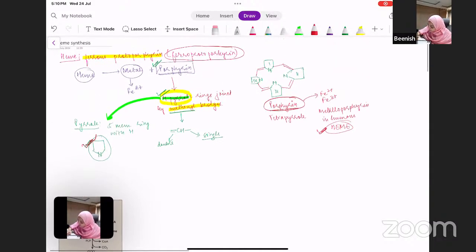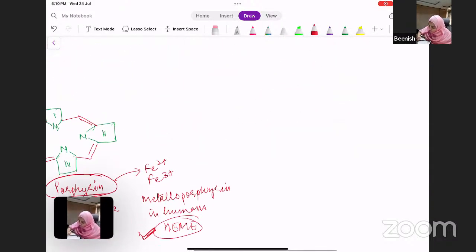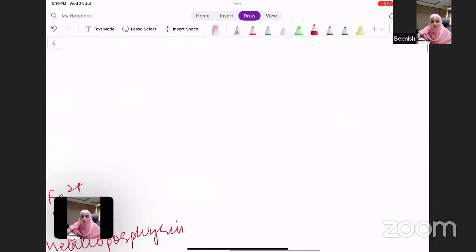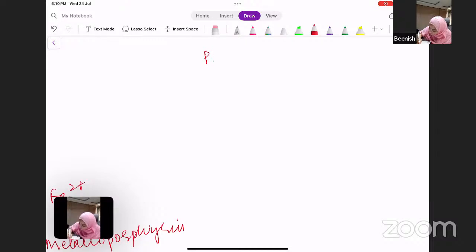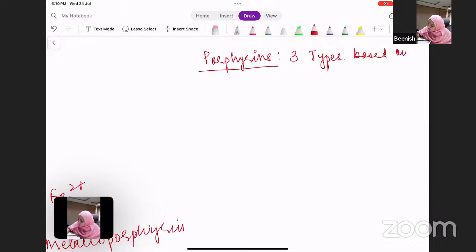Now, another thing, before moving forward: this porphyrin ring that I have described, your porphyrins, they are of 3 types. Okay. So this porphyrin ring, that is the tetrapyrrole ring, is of 3 types based on the side chains attached to the carbons.